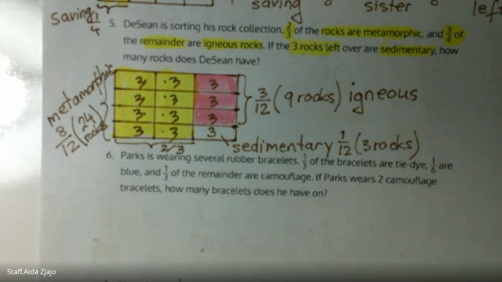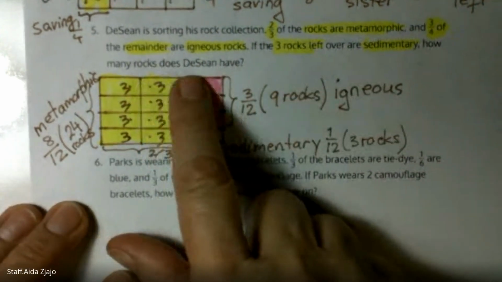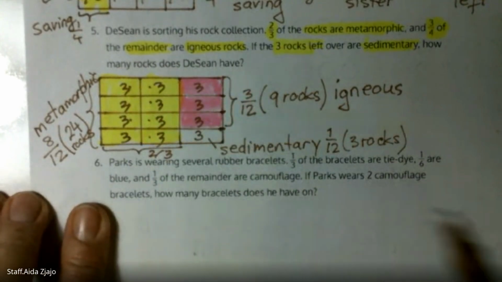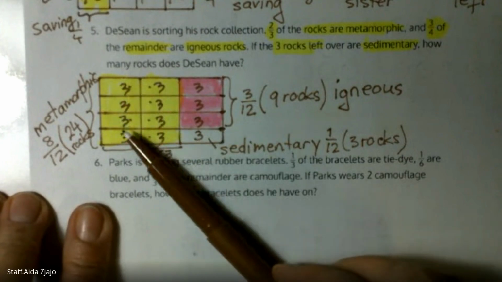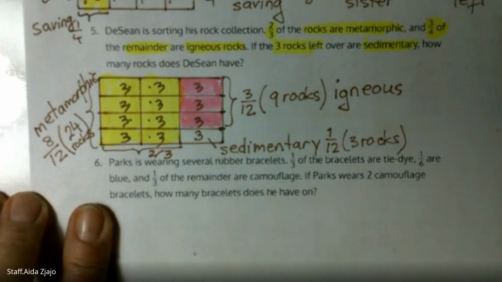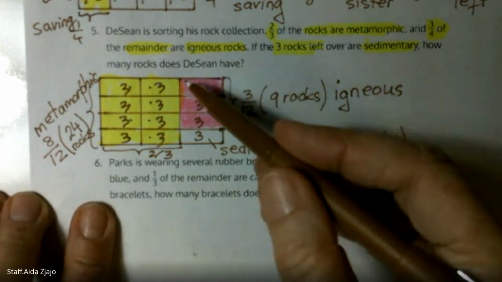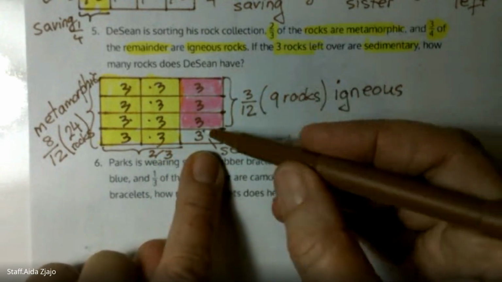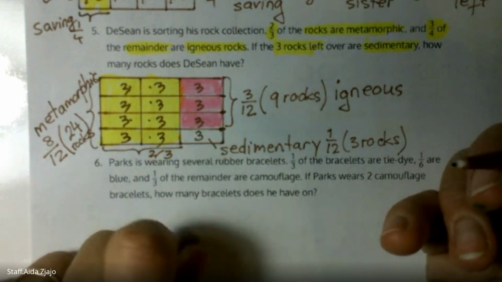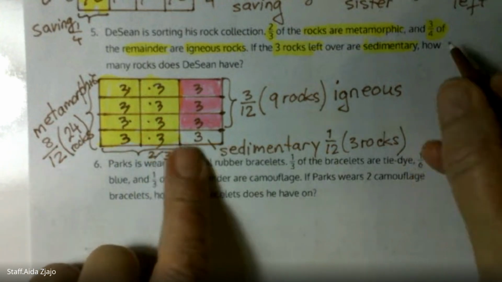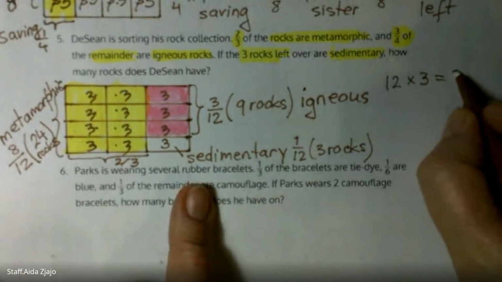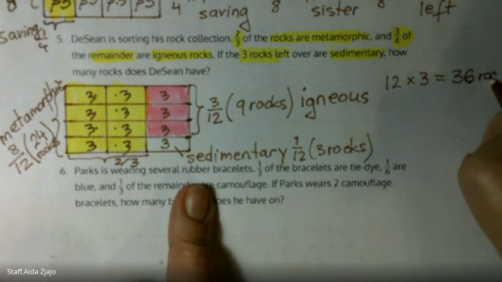So then the question is, how many rocks does Dijon have? He has, now thinking, 1, 2, 3, 4, 5, 6, 7, 8, 9, 10, 11, 12. 12 times 3. So you can think about what 10 times 3 is, 30, and then 2 threes are 6, so 36 should be that. Or we can say 12 times 3 equals 36 rocks.